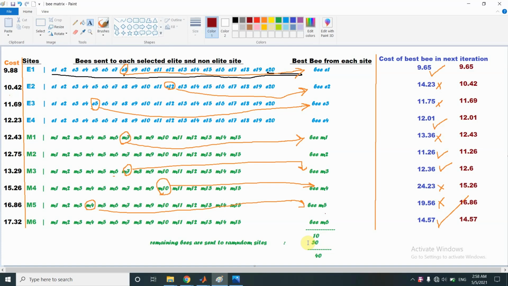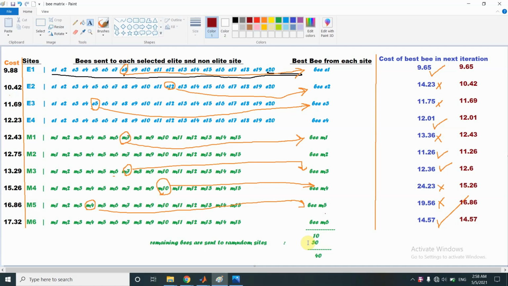So at the end of each iteration, we will once again find the best 10 bees, and among those best 10, we will find the best 4 bees as elite bees and the other 6 as the non-elite bees. That will continue in each iteration.